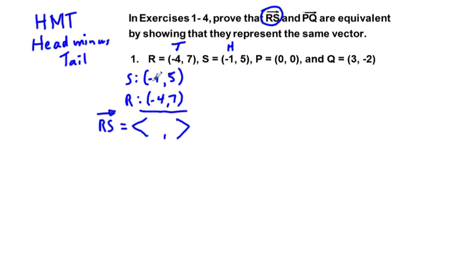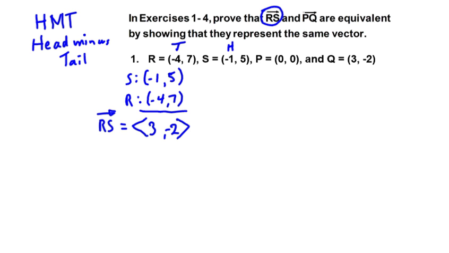And that is going to be, now we need to use our integer arithmetic, -1 minus -4. Well, -1 minus -4 is the same as -1 plus 4. So that's going to be 3. And then 5 minus 7 is -2.